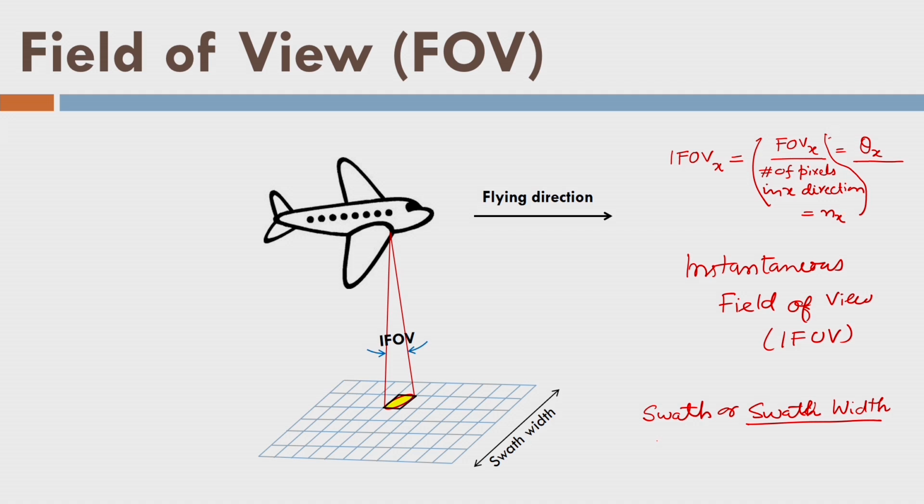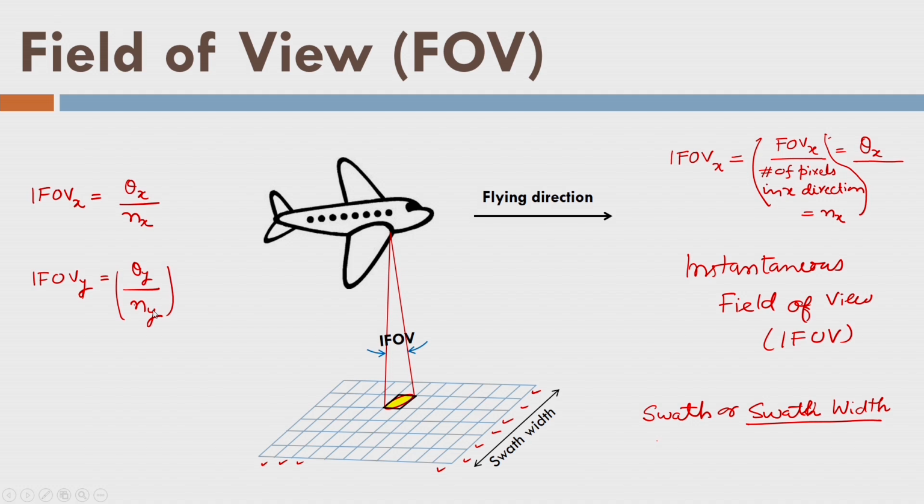Then I can write IFOV x equals theta x divided by nx. Similarly, if the number of pixels here is ny, I can write IFOV y equals theta y, the FOV in the y direction, divided by the number of pixels in the y direction.